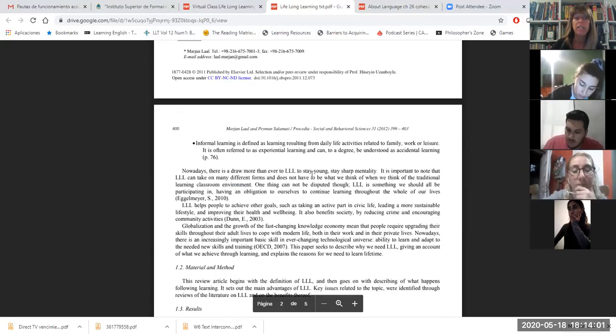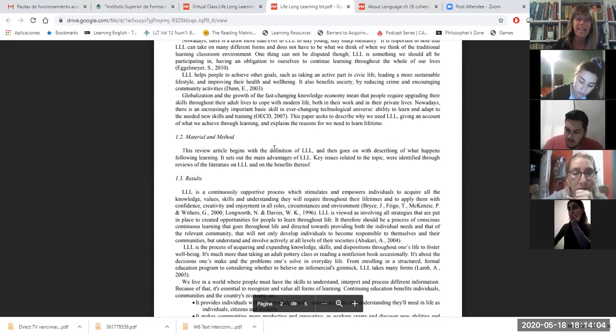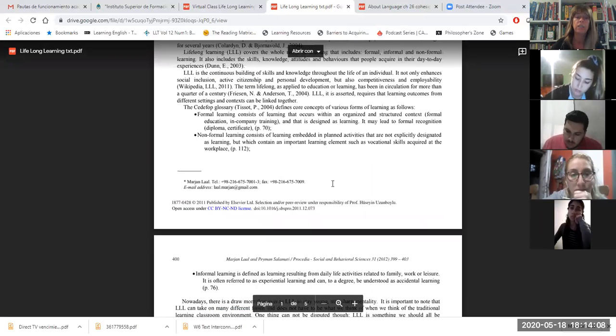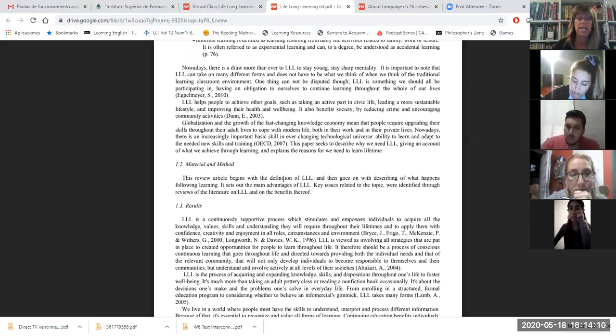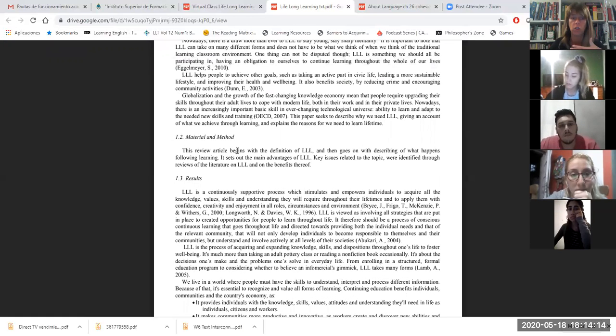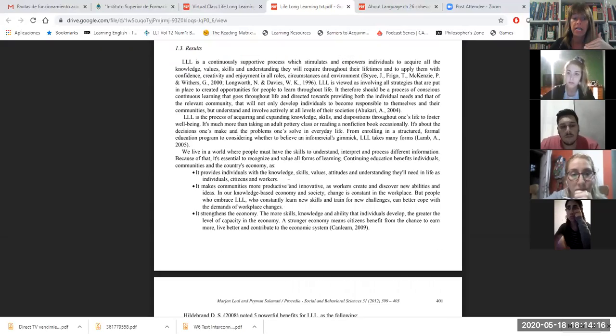That's in the introduction. And then here, as you can see, the introduction says 1.1. The introduction has several parts. Then in 1.2, it says material and methods. 1.3, results.